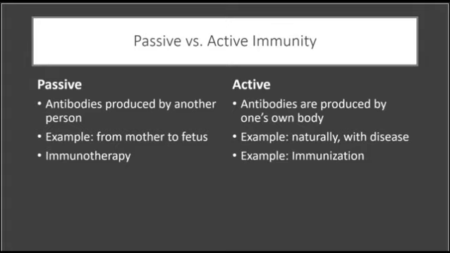Now this slide we're going to stay on for quite a bit because I have a lot to say about this particular topic. There are two ways in which we can build immunity to foreign substances, passive and active. So think about a newborn baby. They have a little bit of passive immunity from their mom. That is the memory that is transferred from mom to baby, but their immune system is very weak.